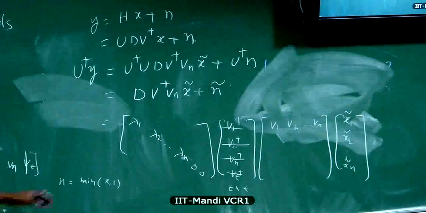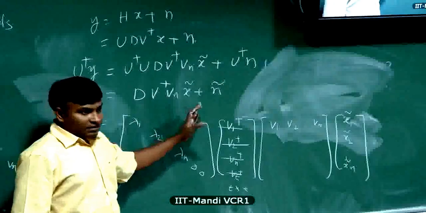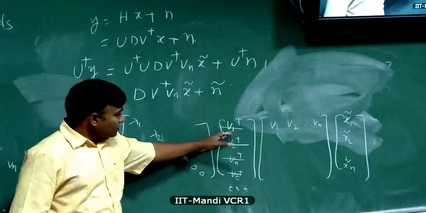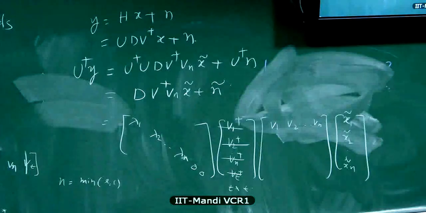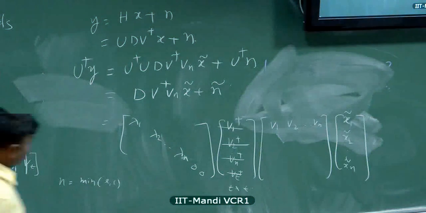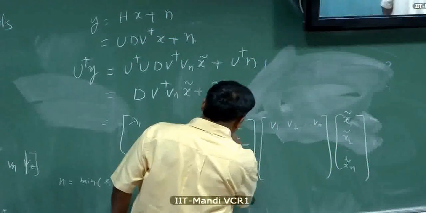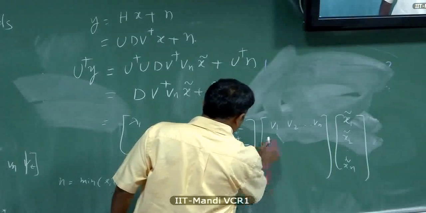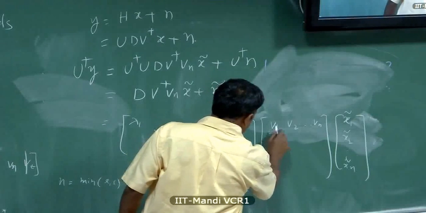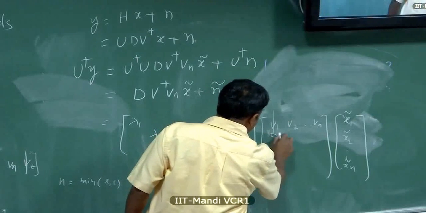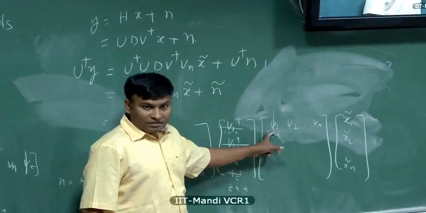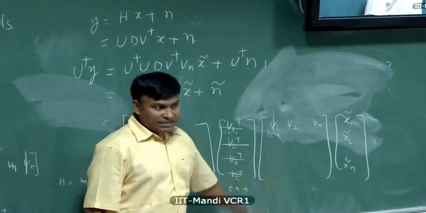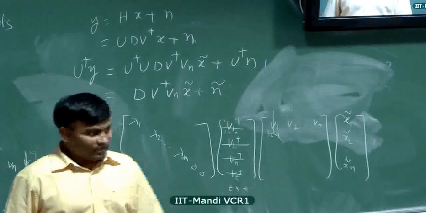Okay, V being a unitary matrix, the rows of V are orthonormal. Therefore, this is 1 by T, this column is T by 1, and the product is V1 Hermitian V1, which is 1.